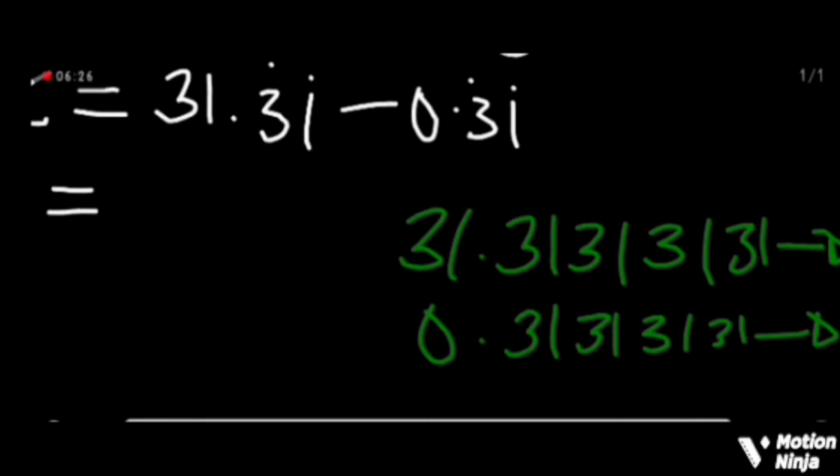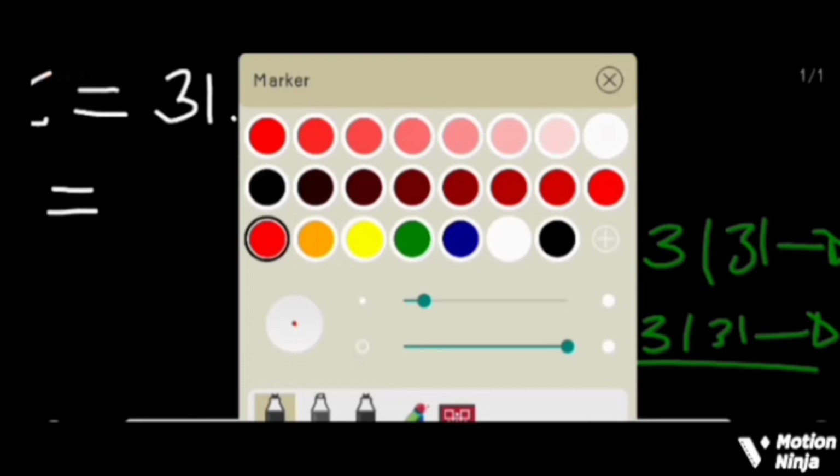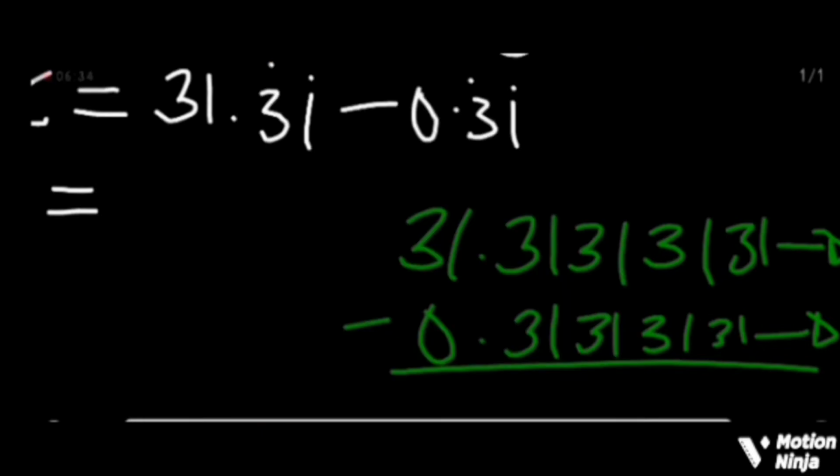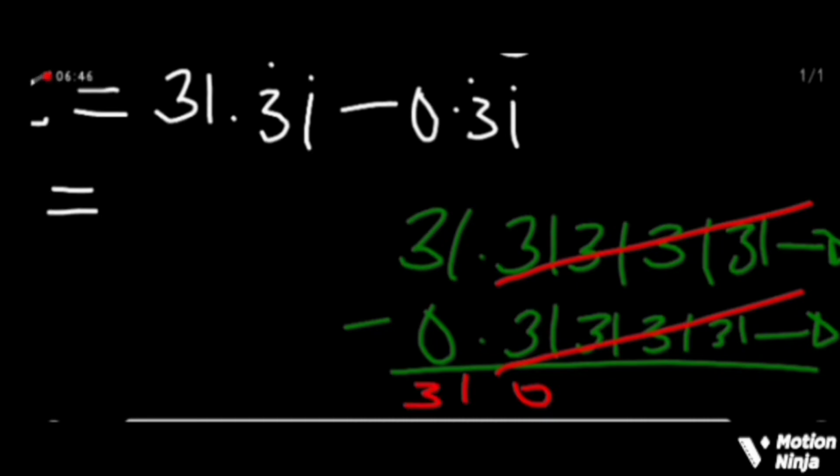So if we subtract these two numbers, it means that all of these decimal places will end. All of this will subtract themselves, and the answer will be 0. And here we will remain with 1, and here 3. That is how it will be.